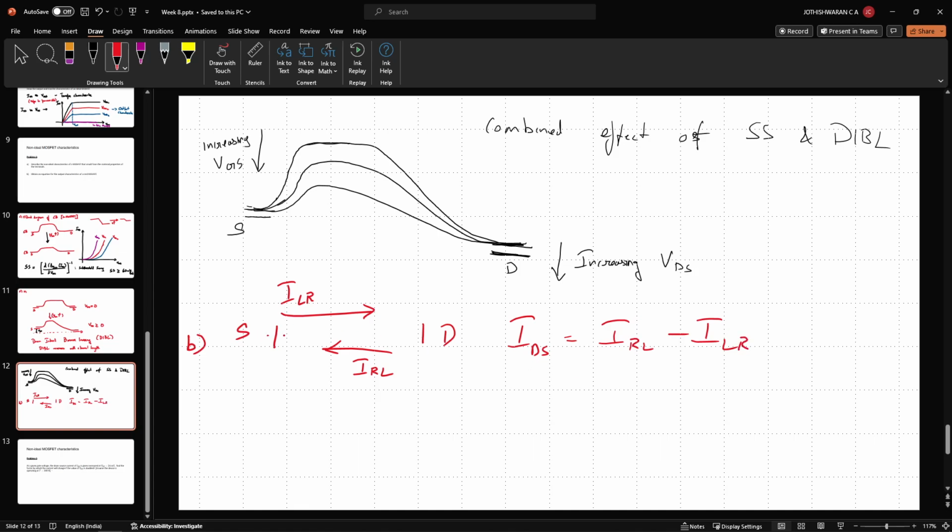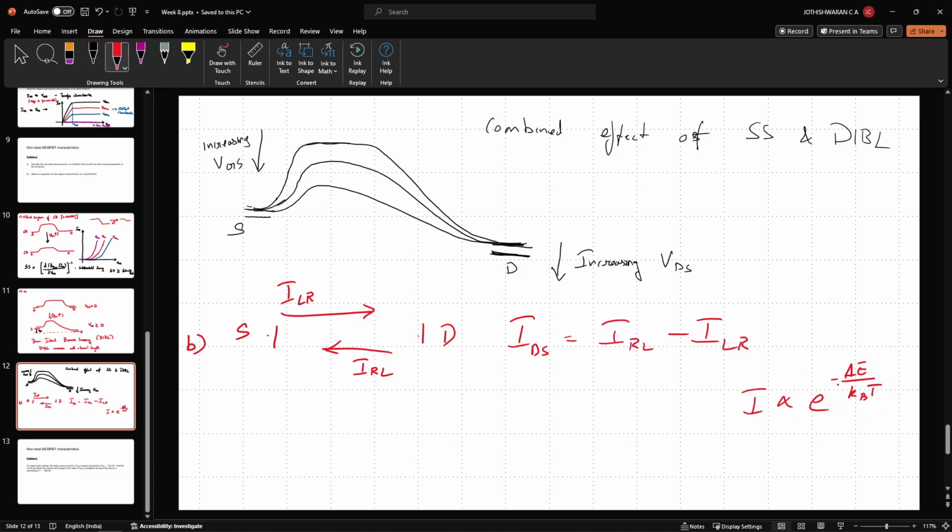Now the thing is, there is a PN junction here, there is a PN junction here. Now we know across a PN junction, I is proportional to e to the power minus whatever energy gap is here. So let us say the barrier that is present over here, barrier height, I shall call that delta E divided by KBT.